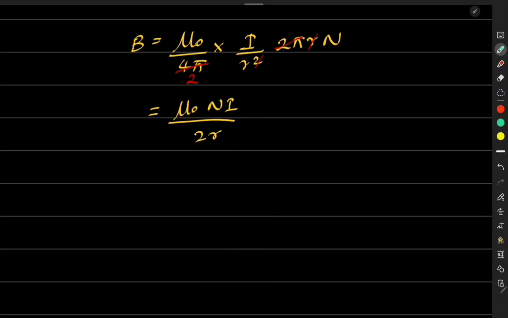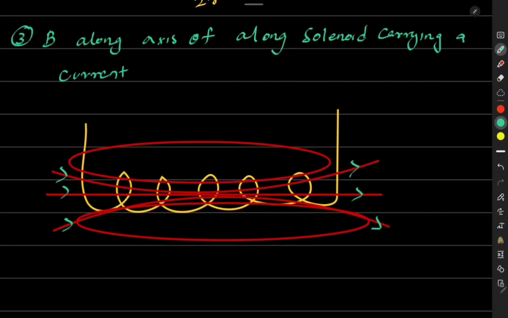Third one is magnetic flux density along the axis of a long solenoid carrying a current. This is the direction of current in, and this is outward current direction, and this is south pole and this is north pole, and this is the direction.